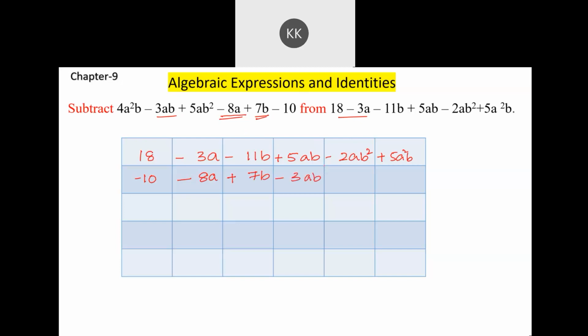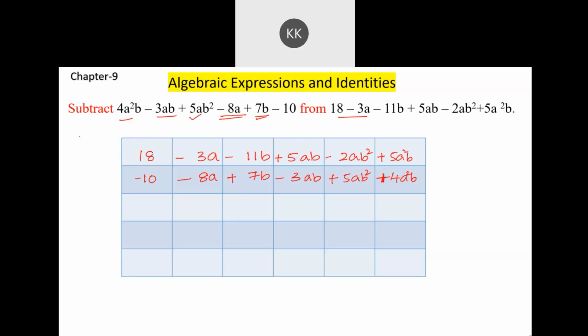Now AB square, here it is plus 5ab square. Then we have 4a square b. Why did I write plus here? Because it is assumed to be plus. Whenever any expression starts, if no symbol is there, you have to consider that as positive.